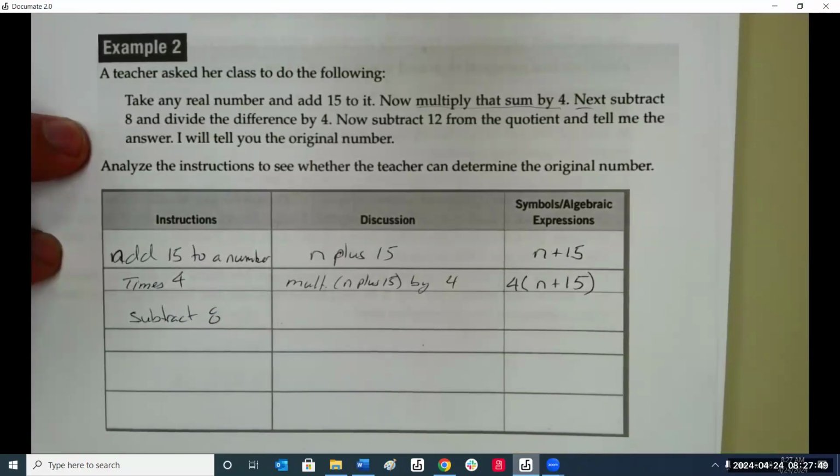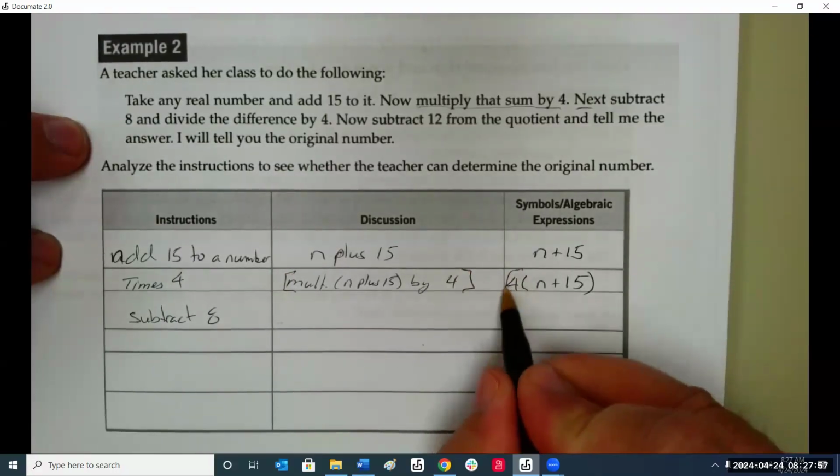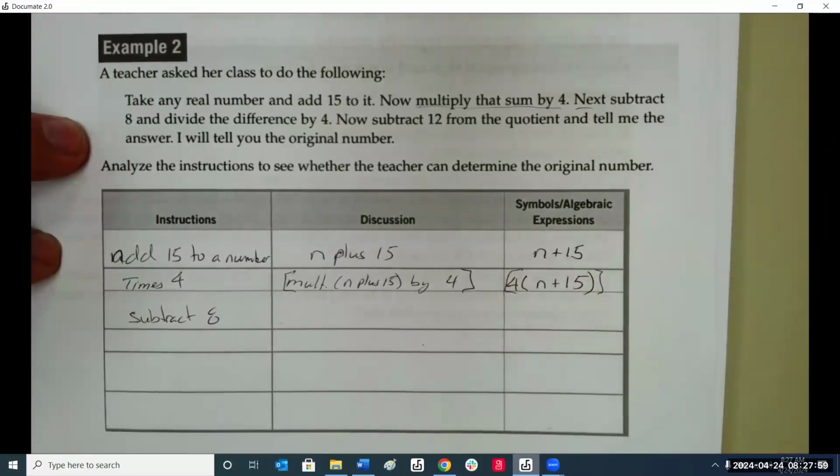Subtract 8 from what? From what you just did. So subtract 8 from that whole thing.